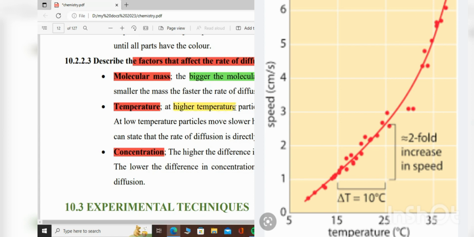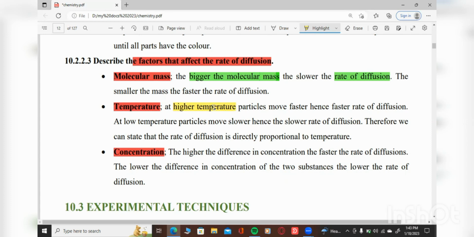Let's say you put sugar in cold water or warm water, it will take time for diffusion to take place because the temperature is low. But when you boil water and put sugar in hot water, diffusion will take place faster because that water has a higher temperature. Higher temperature particles move faster. Hence, that makes the rate of diffusion faster.